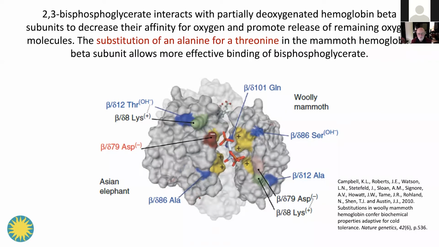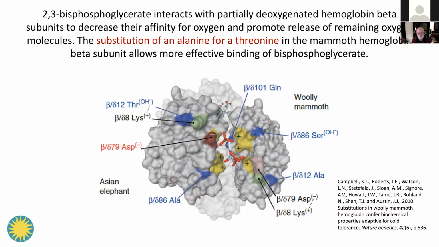And what they found was that mammoth hemoglobin differed in a number of different places. It had mutations in it relative to, say, African elephants or Indian elephants. And this changed the properties of the hemoglobin.